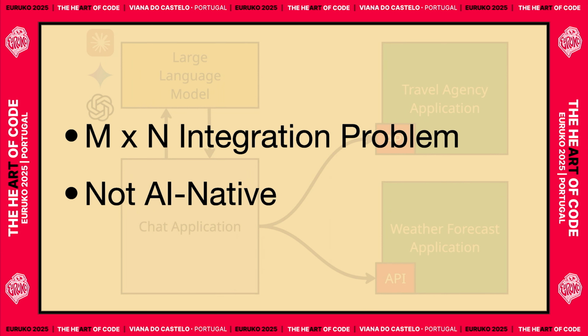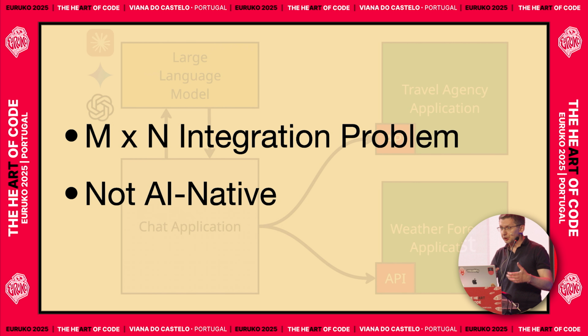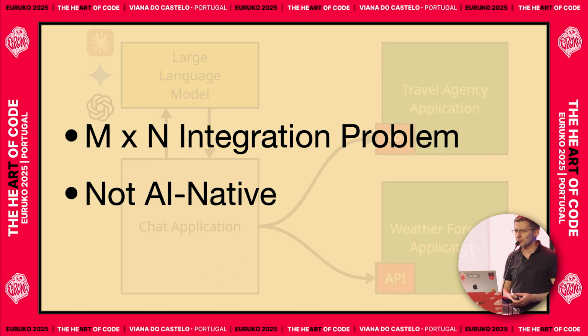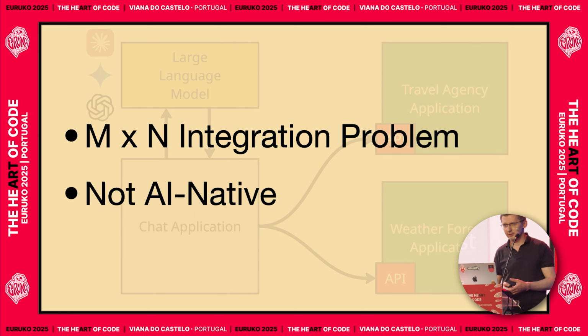However, doing it at scale, we quickly arrive at a situation called the M times N integration problem, where you have M models and N solutions, and every time you want to add a model or a solution or service, you have to program for each and every one of the others. It's just a very large overhead and simply the wrong tool for the job. And for sure, it doesn't feel AI native.